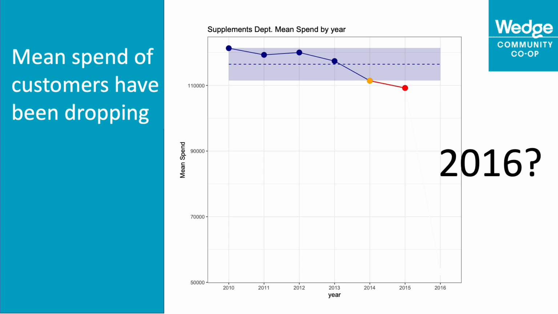In the blue zone, we have the normal zone, that is plus minus 1 standard deviation from the mean. In blue are the normal points, in orange the borderline ones, and in red the critical or abnormal ones. But what will happen in 2016?